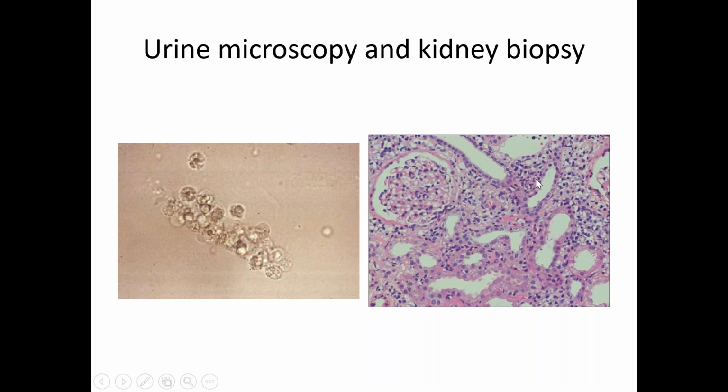And this is the kidney biopsy slide. Anybody can interpret it. So when we see the kidney biopsy in this patient, this is a glomerulus. There is a slight increase in the mesangial cellularity.